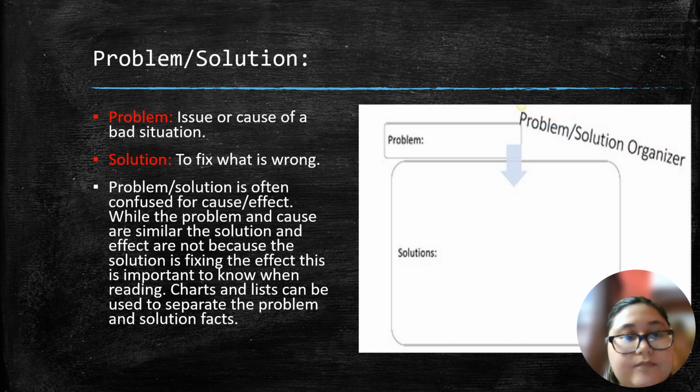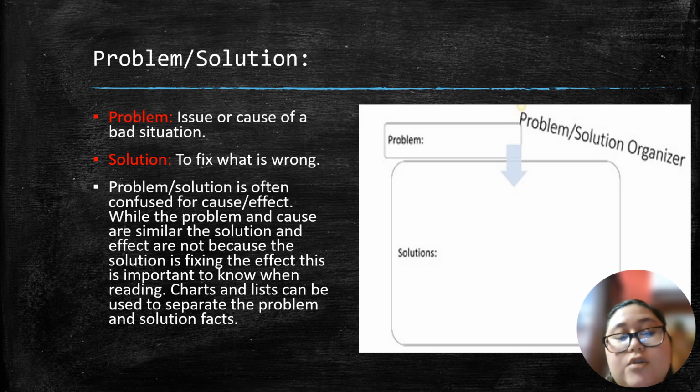Problem and solution. Problem: an issue or cause of a bad situation. Solution: to fix what is wrong. Problem and solution is often confused for cause and effect. While the problem and cause are similar, the solution and effects are not, because the solution is fixing the effect.